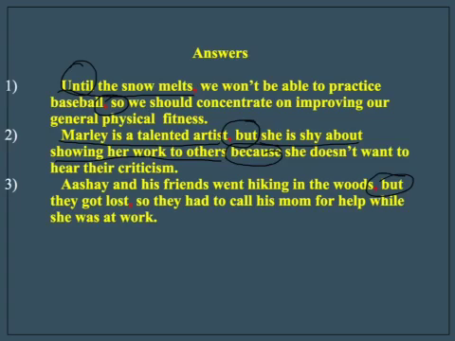This is connected to another independent clause, so they had to call his mom for help. Another fanboys conjunction and a comma. But then you'll see we have our dependent clause, while she was at work, at the end of the sentence. So hopefully you didn't put a comma in front of it.